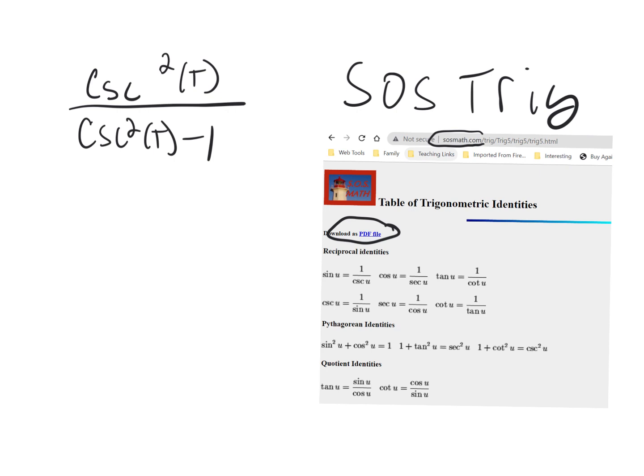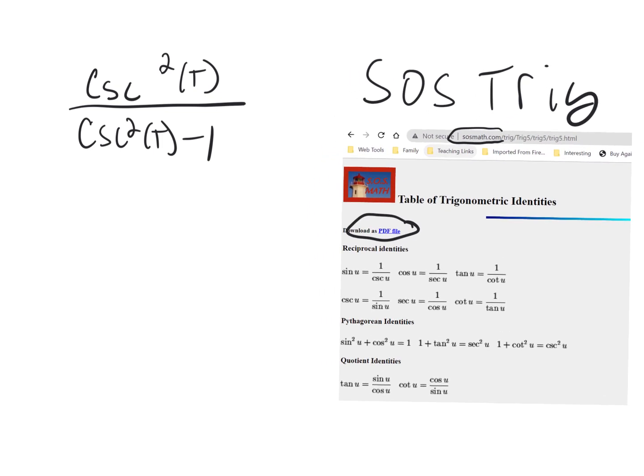That's in section 3. Now for this problem, what we have to keep in mind is that cosecant is the reciprocal. Let me get a highlighter going. We know the cosecant is the reciprocal of the sine, and secant is the reciprocal of the cosine, and so forth.